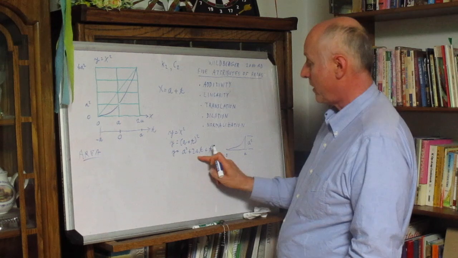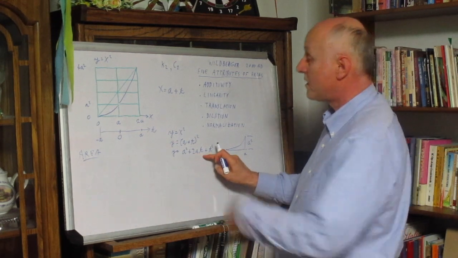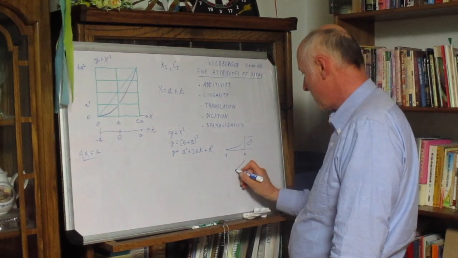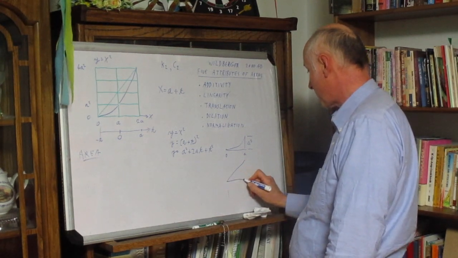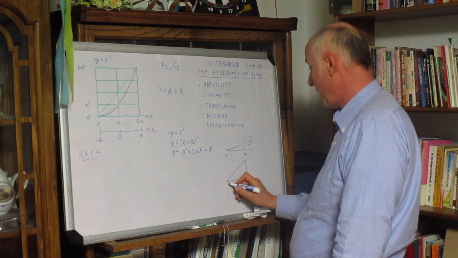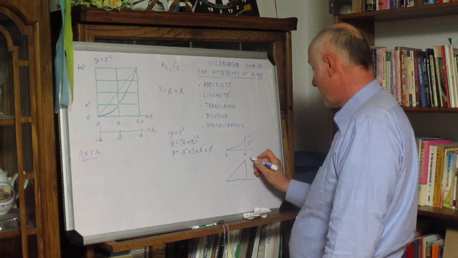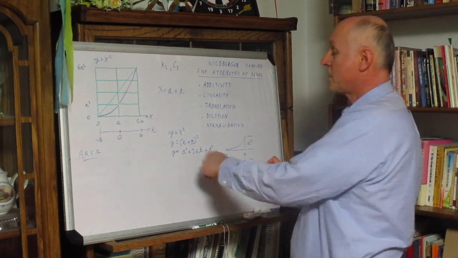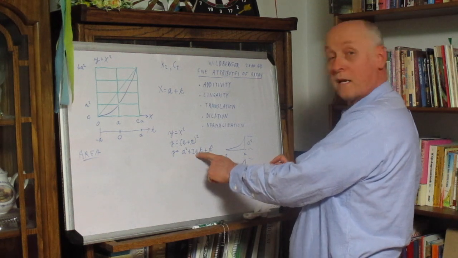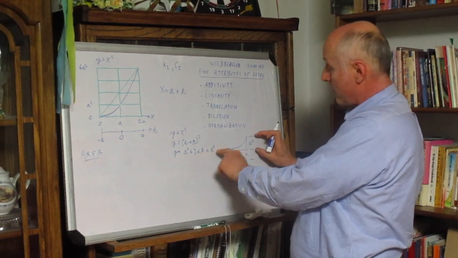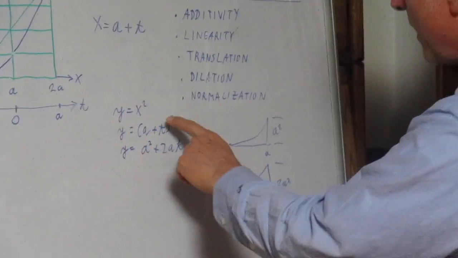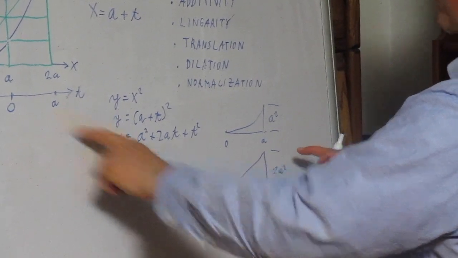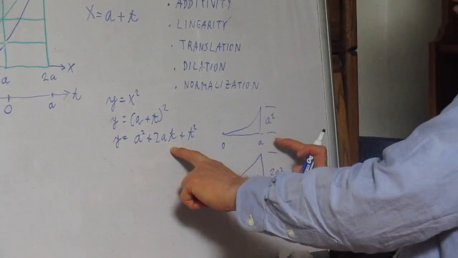What about this one, the linear term? That's 2at. Well, that's a linear term, right? What is this one? 2a times a. That's again 2a squared. You see it? 2a, plug in t equals a, and you get 2a squared.